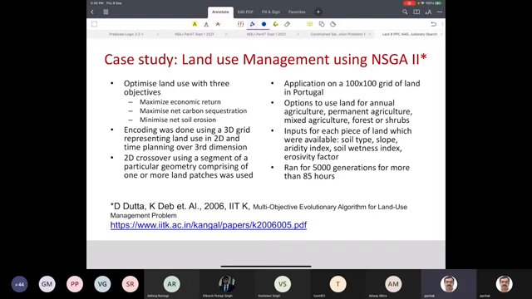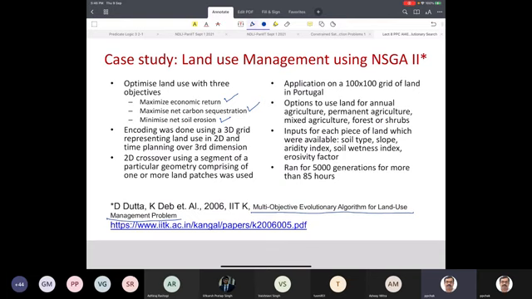Before I conclude, Kalyanmoy and some of his students used this multi-objective evolutionary algorithm for a land use management problem. What they did was they had 3 objectives: maximize economic returns, minimize carbon footprint, and minimize the net soil erosion.